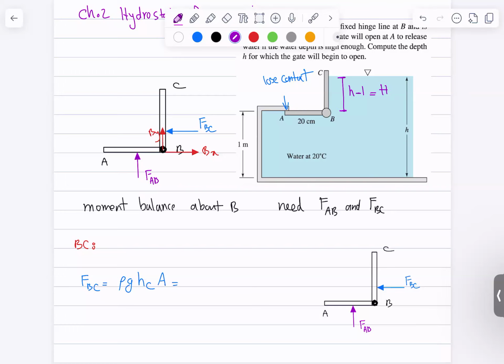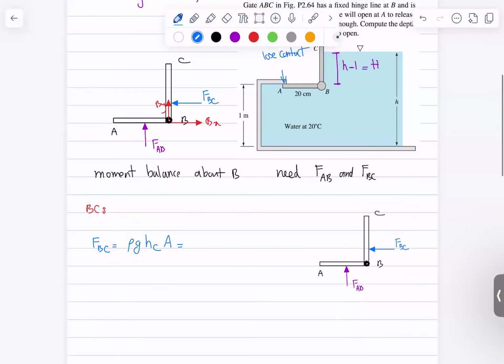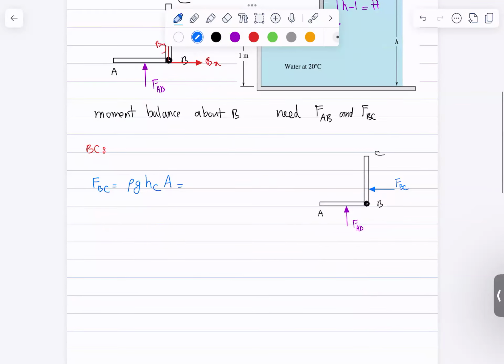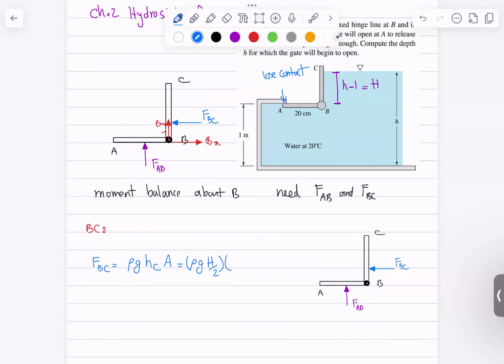Okay, so if that is capital H and it's an unknown we're trying to find, then where is the centroid? Well, again, h minus 1 or capital H is from the surface to B, so half of that is where the centroid is. So that's rho g, H divided by 2. What's the area of that BC plane, or the submerged part of BC plane?